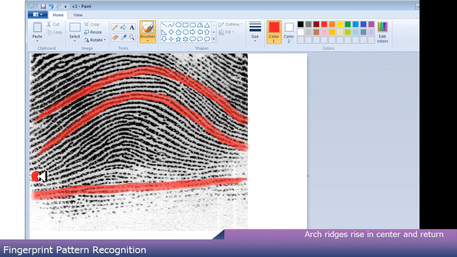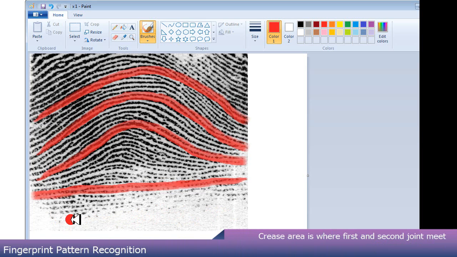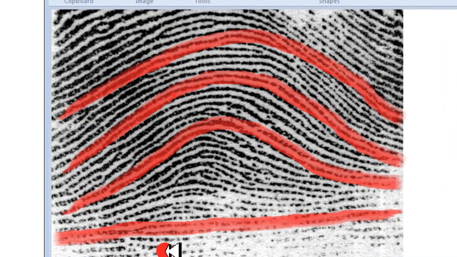So now we're already understanding that what is happening in this first joint of the finger, the pattern is rising on one side and returning to the other. This area here is the crease, or the area where the first joint and the second joint are together. What we're most concerned with, however, is the ridges in the pattern area of the print, and that would be these ridges that rise and return.